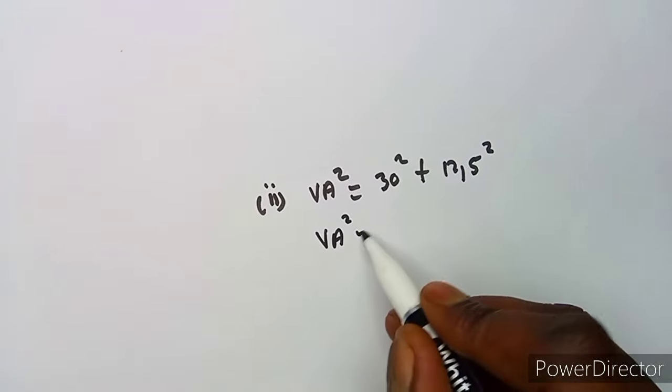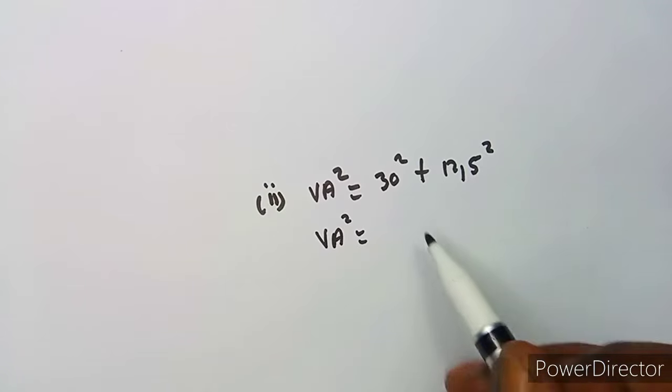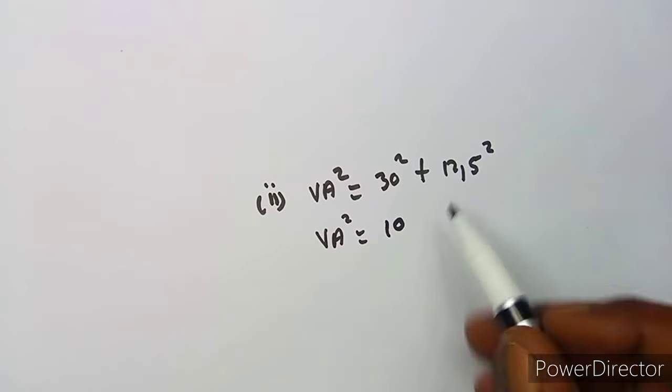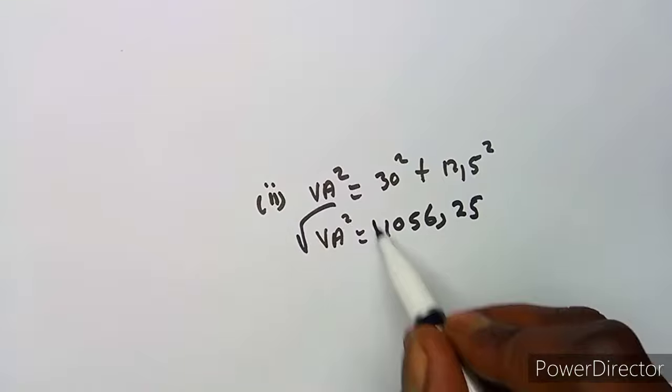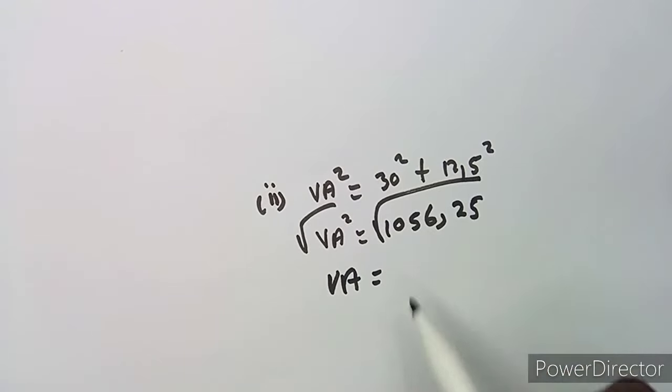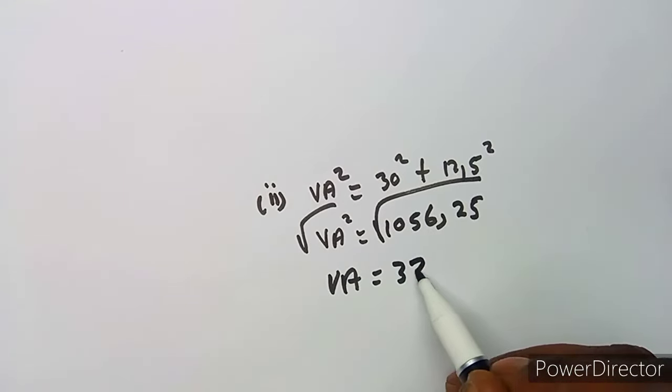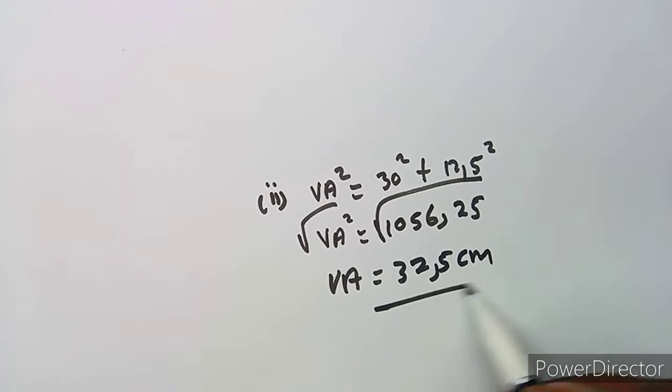So our VA squared, if you combine these two, is going to be 1056,25. Then now the square root both sides, so that's your VA, which is going to be 32,5 centimeters in this case.